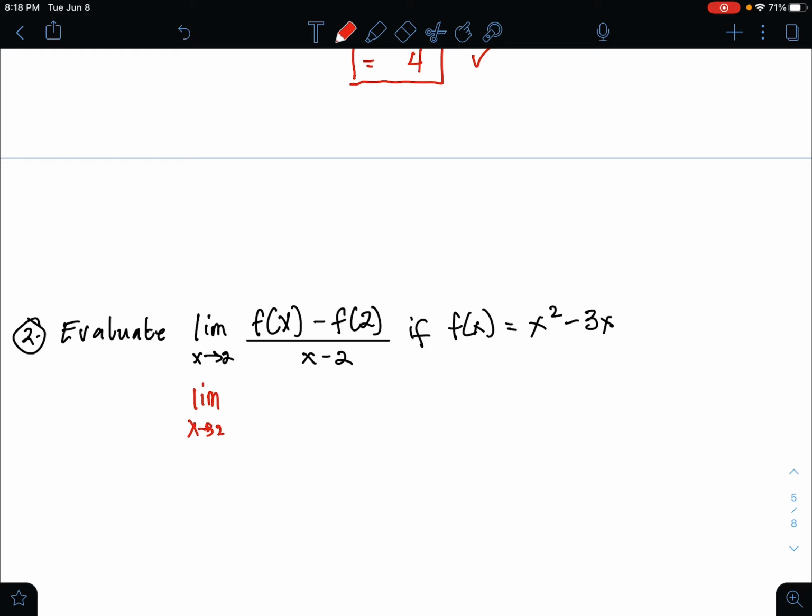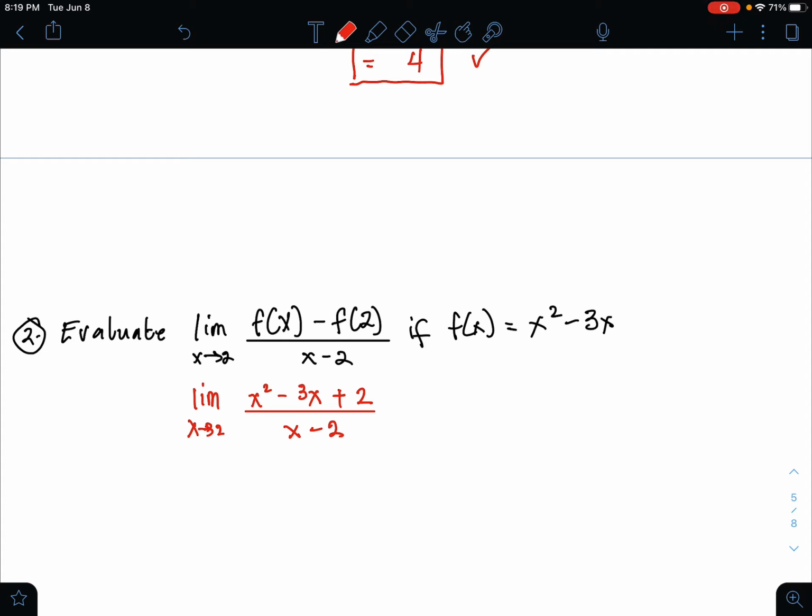So f of x is equivalent to x squared minus 3x. F of 2 is just 2 squared, 4, minus 3 times 2, so minus negative 2 or plus 2, all over x minus 2.